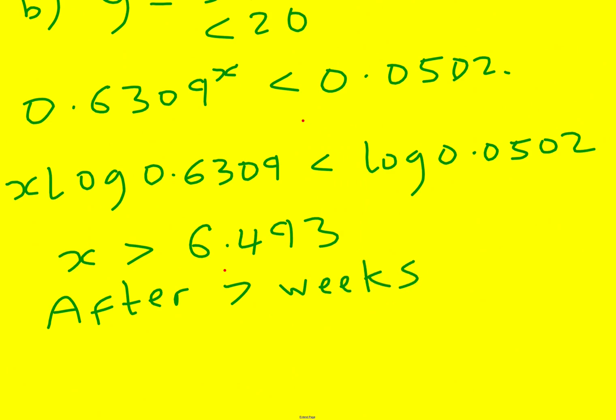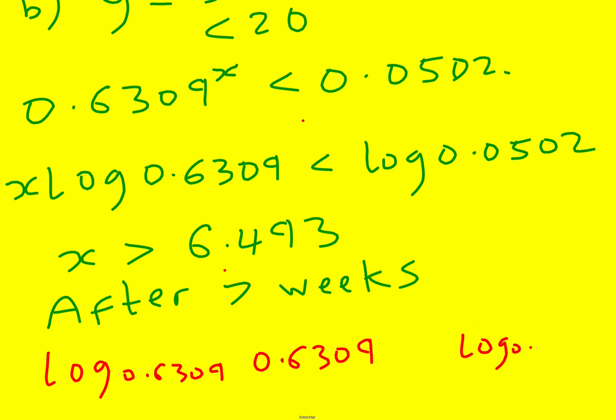Now, before I move on, I just want to quickly talk about one thing. It is possible to take log to base 0.6309 of this thing, and the same to the right hand side.